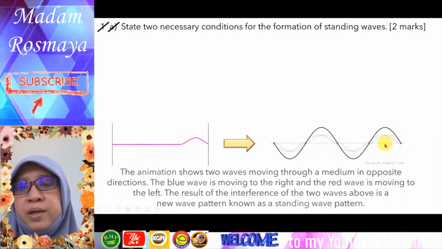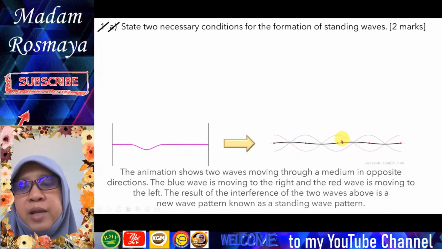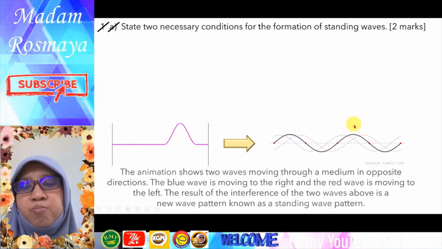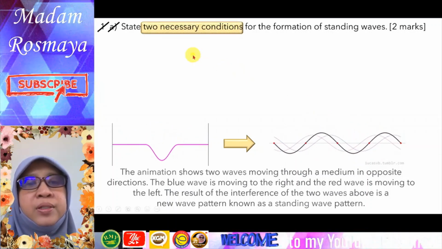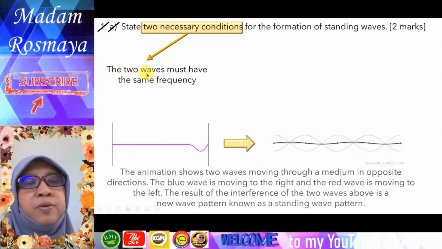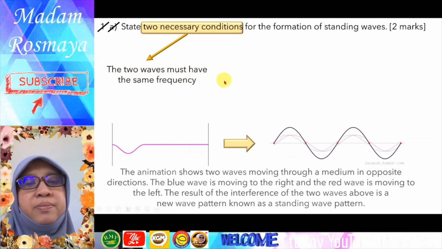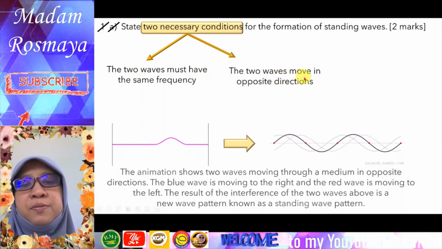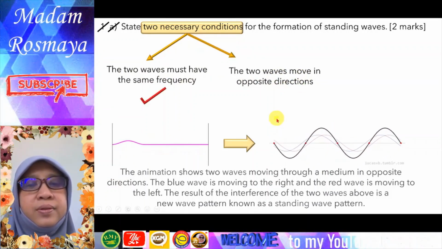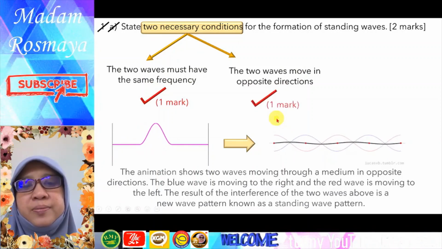You can refer to the black wave here. So this is the standing wave form. So the two necessary conditions: the first is the two waves must have the same frequency, and second, the two waves move in opposite directions. So you get 2 marks.